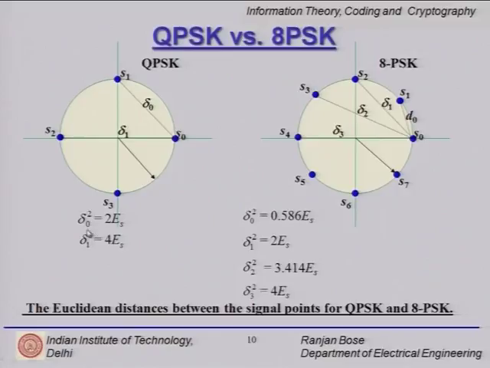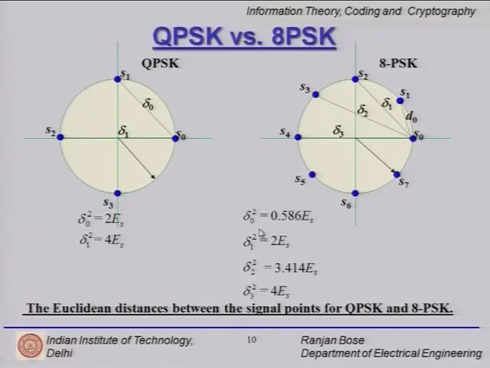Here, the smallest Euclidean distance between S1 and S0 will decide what the error rate is. So, I have put delta 0 as the first distance. If the radius of the circle is square root of ES, then the distance between S1 and S0, delta naught squared, would be 2 ES, and similarly the second possible distance between S2 and S0 will be 4 ES. On the other hand, if you look at 8 PSK, the distances are shorter.